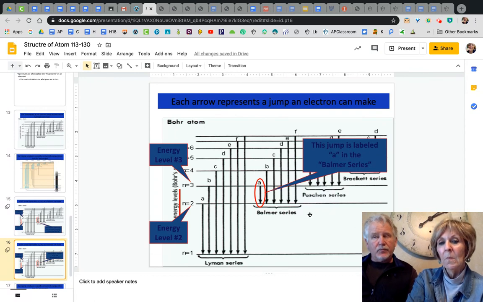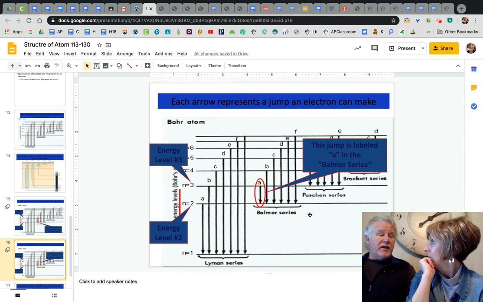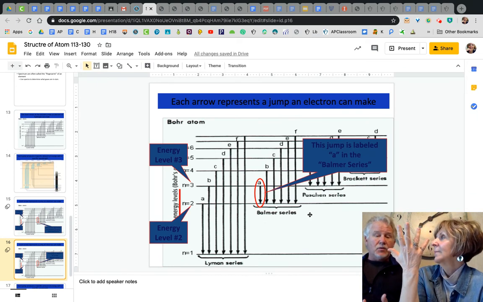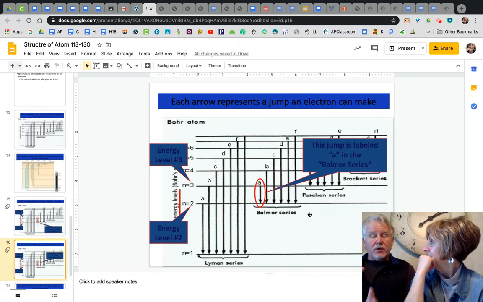Well, if you think about this, what we're exploring right now is the absolute simplest model you can have. One electron, one proton. That's it. So you've got nothing other than that proton-electron interaction to worry about. Quantum mechanics has to explain all of the electrons in all of these different configurations, and that's why it gets so complicated.